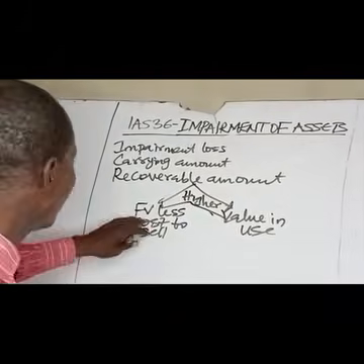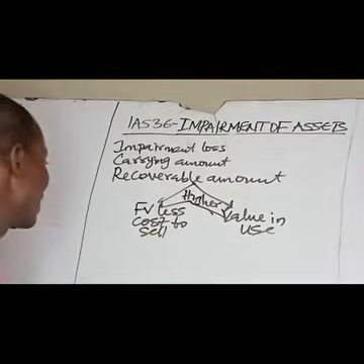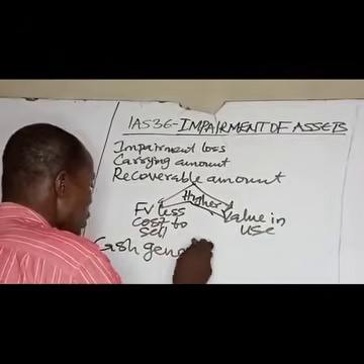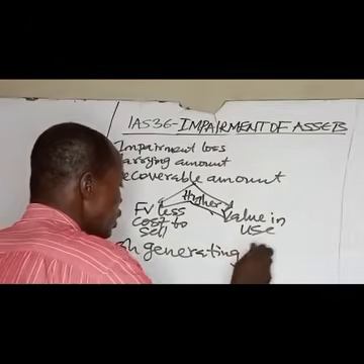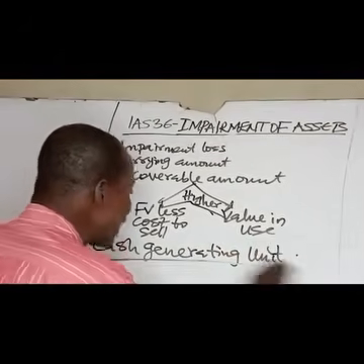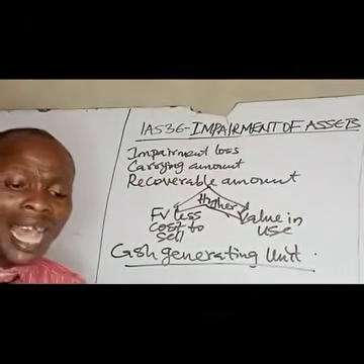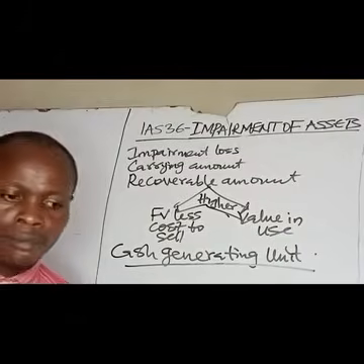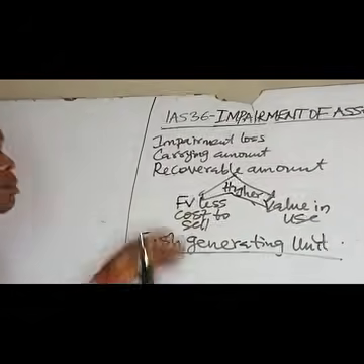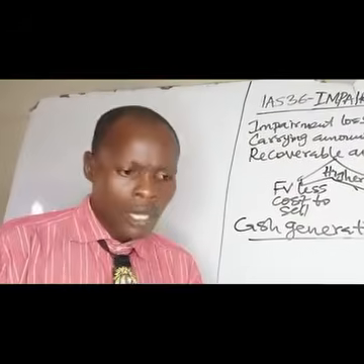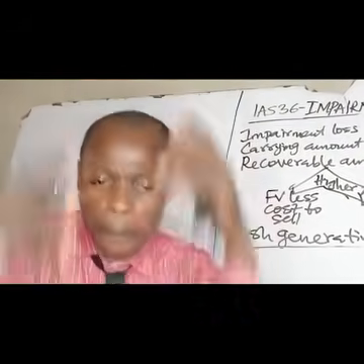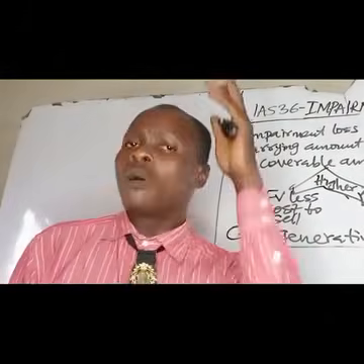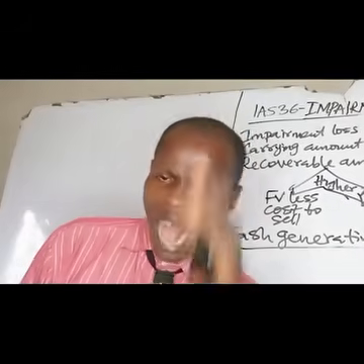So my focus in this part 2 is cash generating unit. A cash generating unit is the smallest identifiable group of assets that generates cash flows that are largely independent of those of other assets or group of assets.